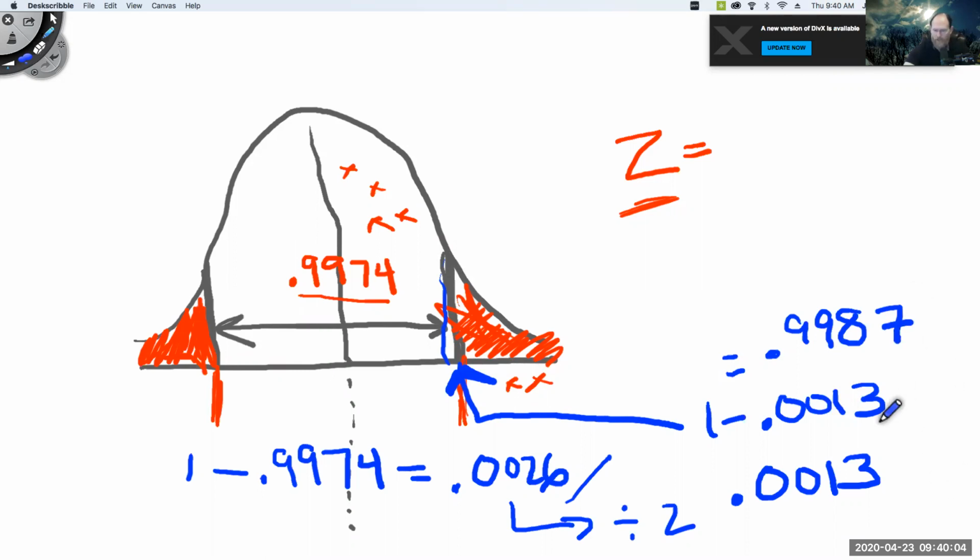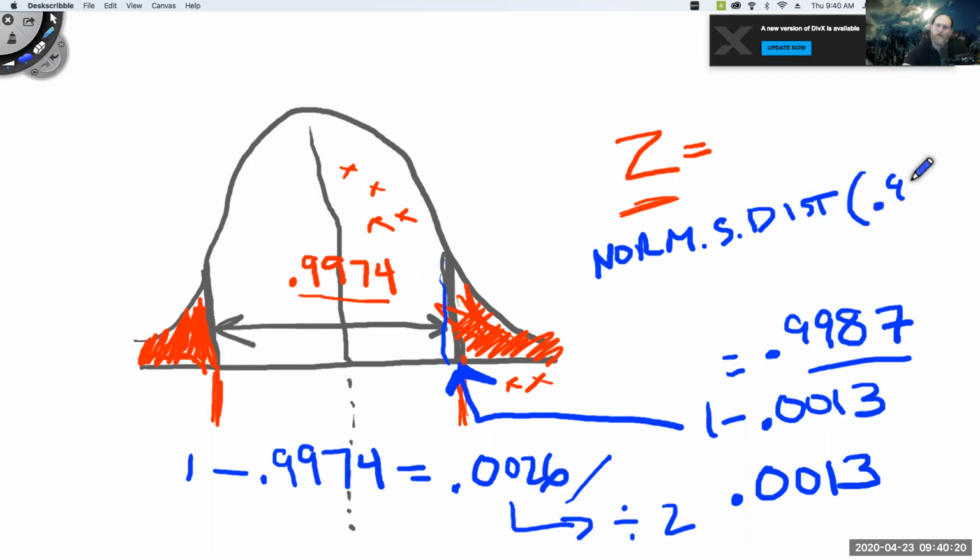Now, there's two ways I can determine that Z value. One is I can go to the Z table, or the other is I can do this function. I think that's correct. And that should give me a Z value of 3.